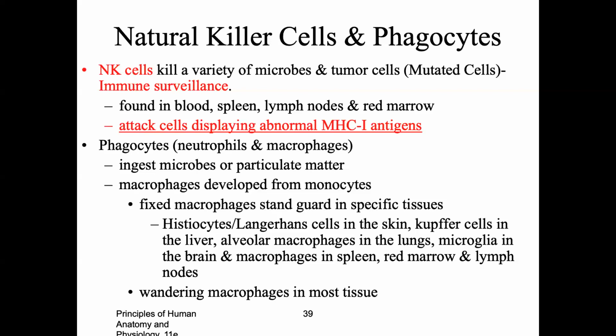So the flag is changed. As a viral protein is expressed, NK cells note that change, and now it has an okay to kill that cell, which is perfect. Now, tumor cells start to grow unchecked. As they grow, their MHC1 also changes. Hopefully, then NK cells can kill off that tumor cell.